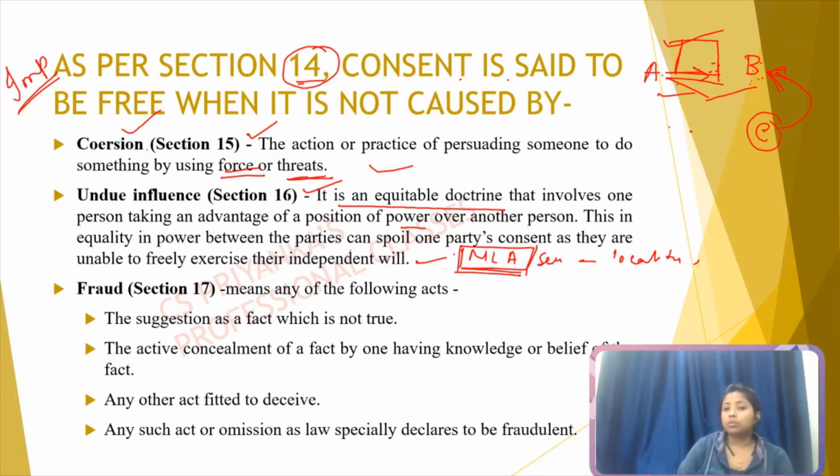Out of fear, that means you have to stay in his area, you have to pay some money, but that is illegal in nature. You want to stay peacefully in that area, that's why you pay the MLA.